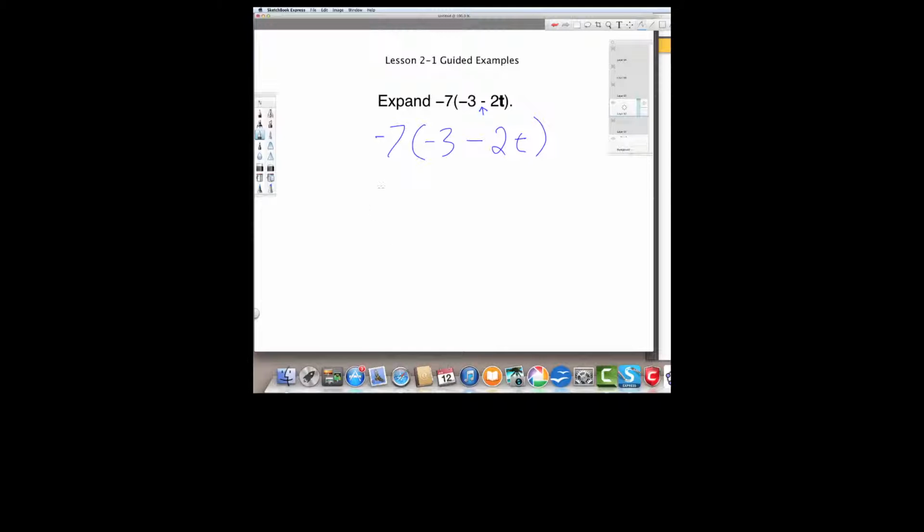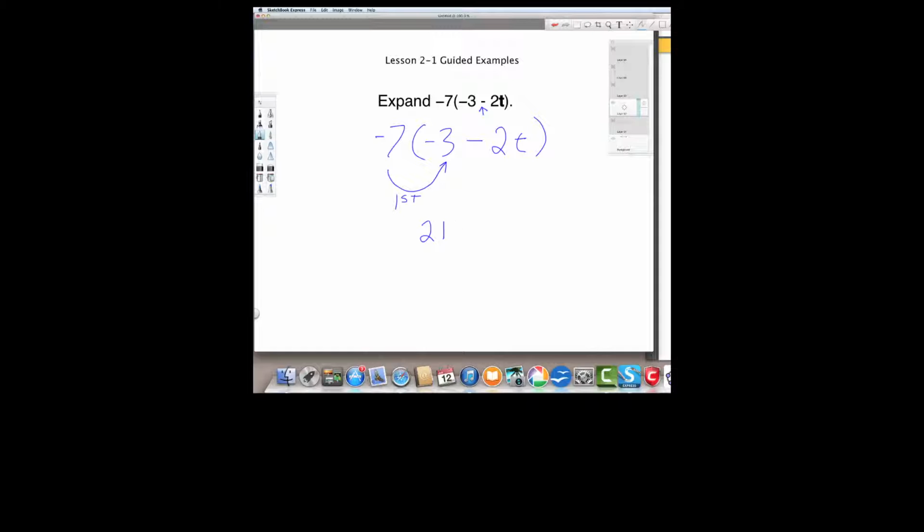So first I'm going to multiply -7 times a -3, and a negative times a negative is a positive, so that'll give me 21.